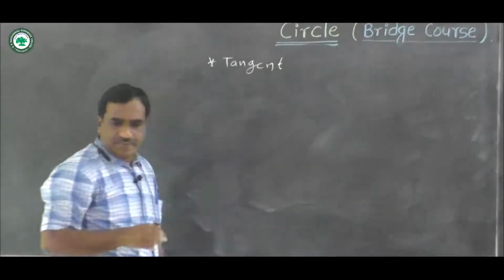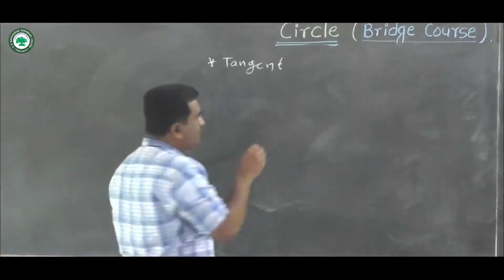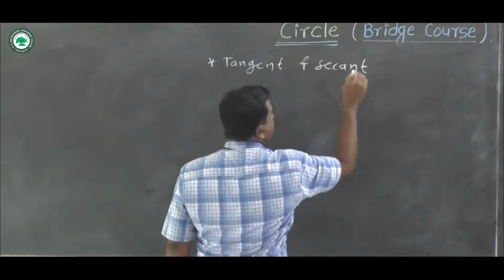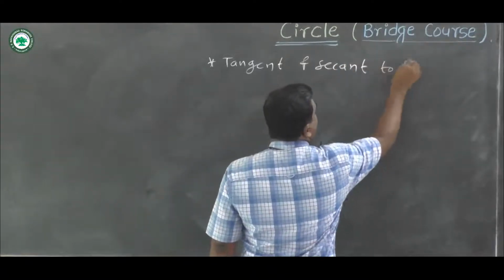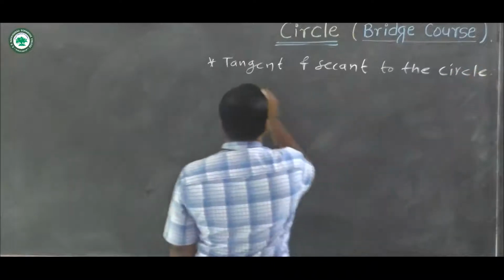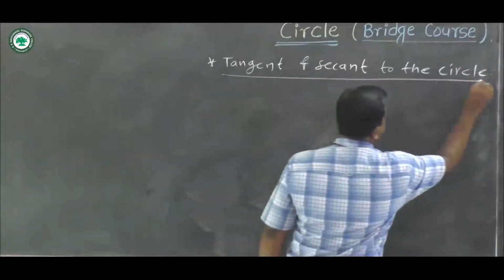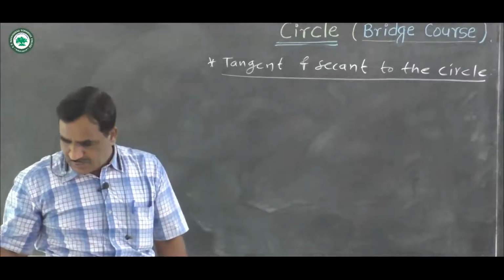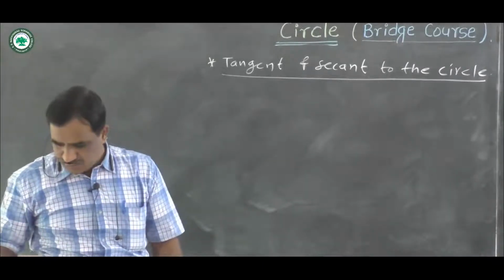Tangent and secant to the circle. Now we can draw a tangent to the circle and a secant to the circle also.